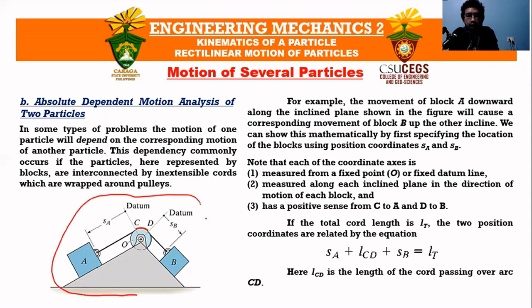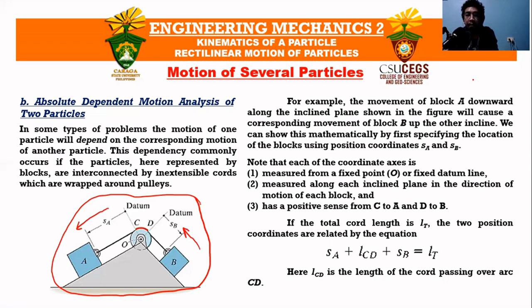So we have a figure here below. From this example, the movement of block A downward along the inclined plane shown in this figure will cause a corresponding movement of block B up the other incline. So if block A is moving downward, the movement of block B will go upward.